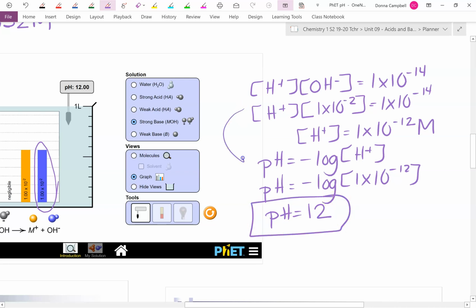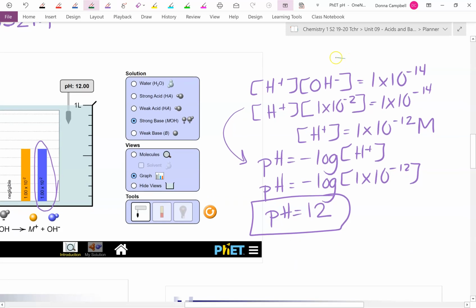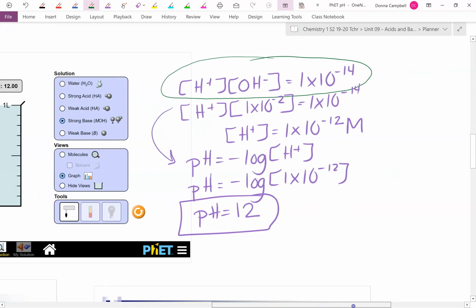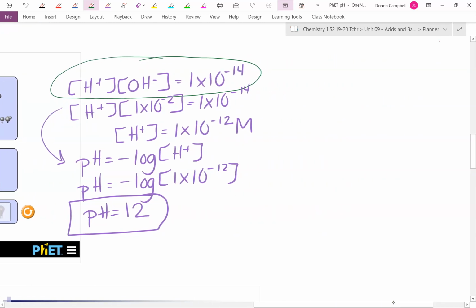We had to take 2 steps to get to pH when we have a base, but that's how we do it. There's also something very interesting that happens with this equation. If you know your properties of logs, you know that I can take the negative log of both sides and get something like this.